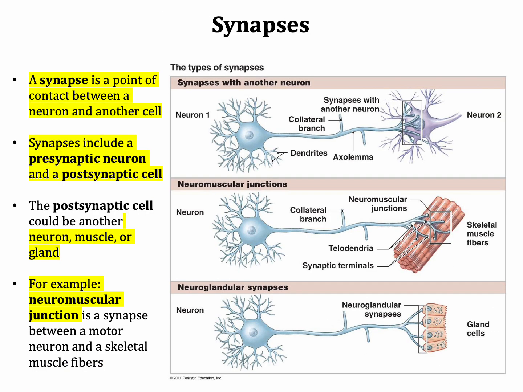So a synapse is just a point of contact between a neuron and another cell. So it may be a neuron contacting another neuron, maybe a neuron to a skeletal muscle cell or smooth muscle cell, or a neuron to a set of glands, right? So there's always a presynaptic neuron and some postsynaptic cell, whether it be a neuron, muscle, or gland.